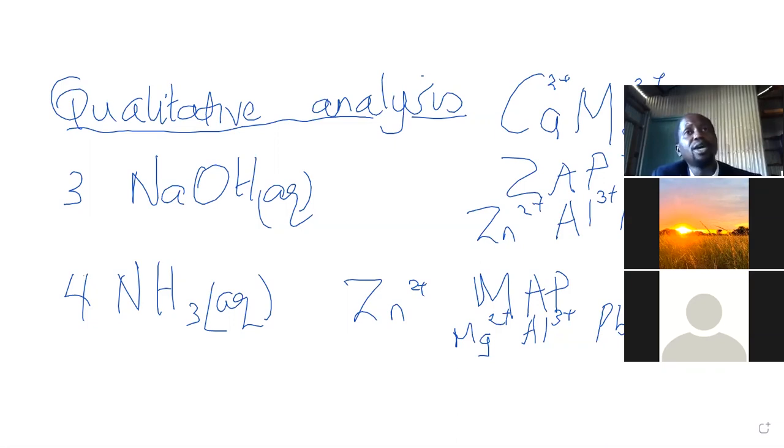Now, those four are the major solutions that are used to eliminatively identify cations. There are other solutions that are used to identify cations. That is sodium sulfate.